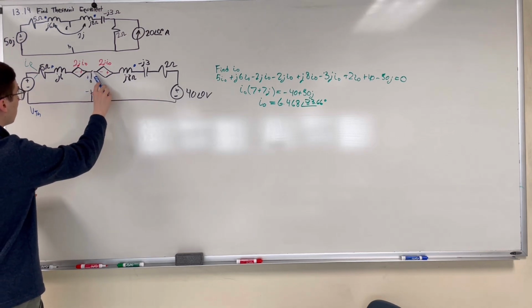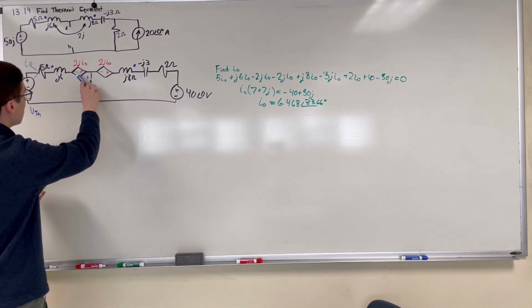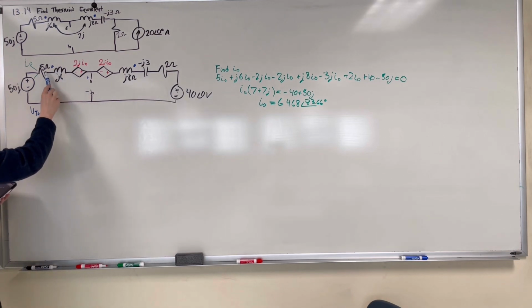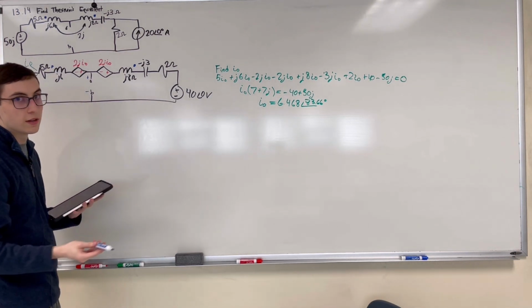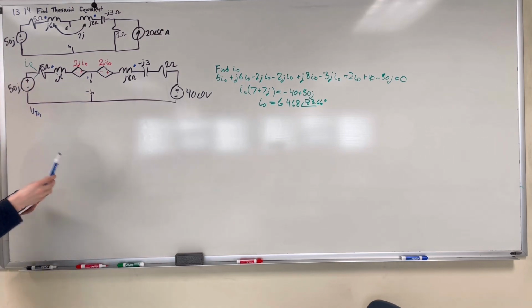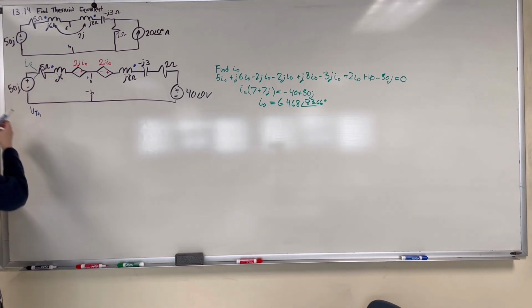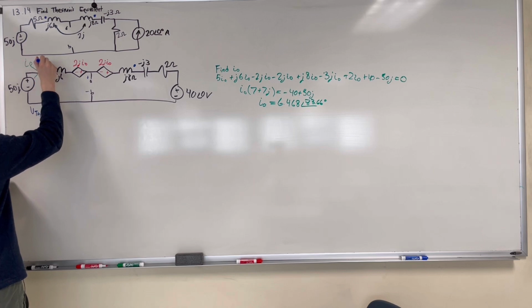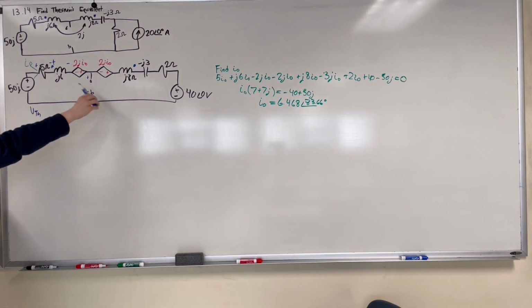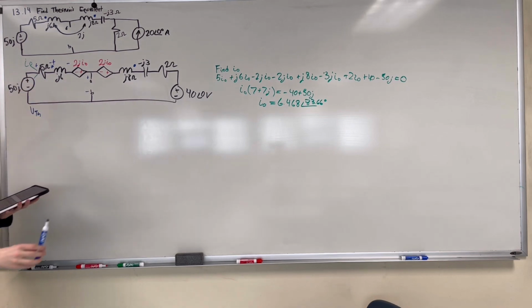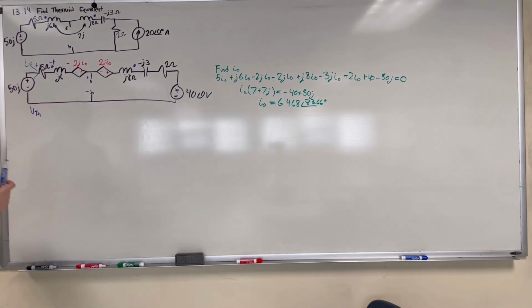I'm going to come up through here, through this dependent source, through the inductor, through the resistor, through this voltage source, and then we're finally back at B. But since our current is defined as going this way, all of the sources, the resistor and the inductor are going to be rises the entire time. So that's a little mishap that can happen.